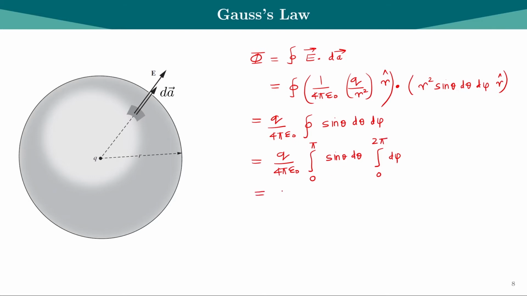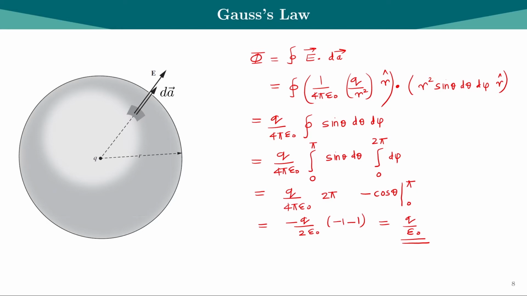So this integral yields Q over 4 pi epsilon 0. When we integrate d phi, we'll get 2 pi, and when we integrate sine theta d theta, we'll get negative cos theta from the limits 0 to pi. So this is equal to negative of Q by 2 epsilon 0 times negative 1, which is equal to Q over epsilon 0.